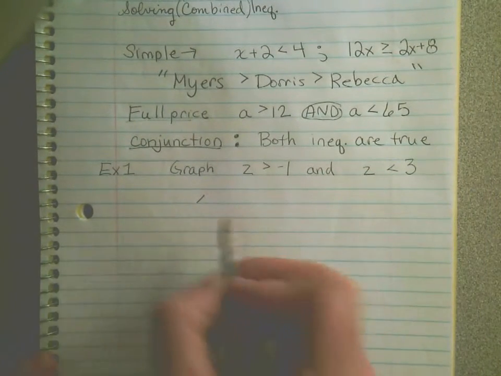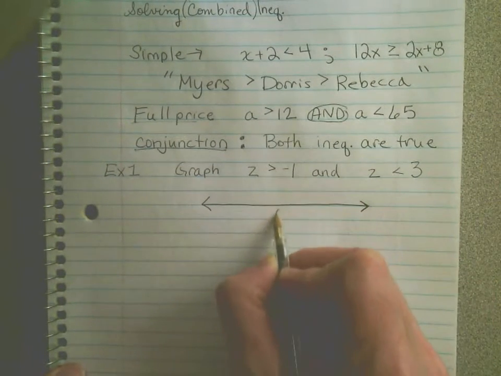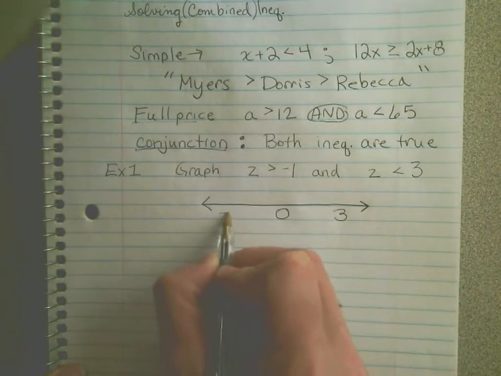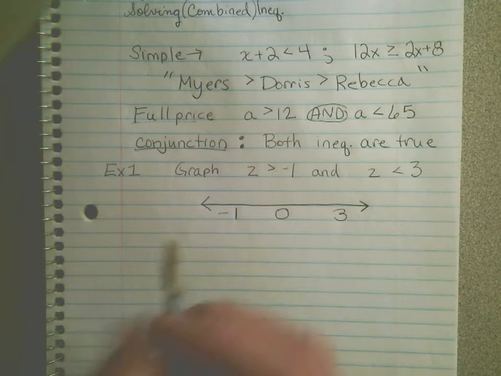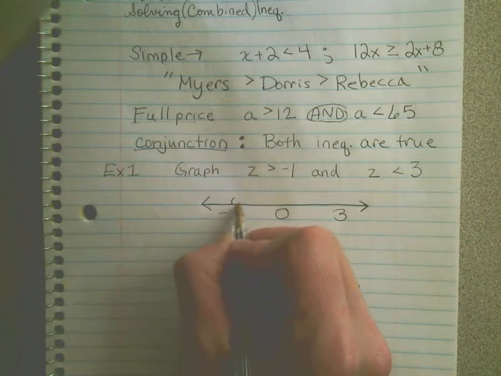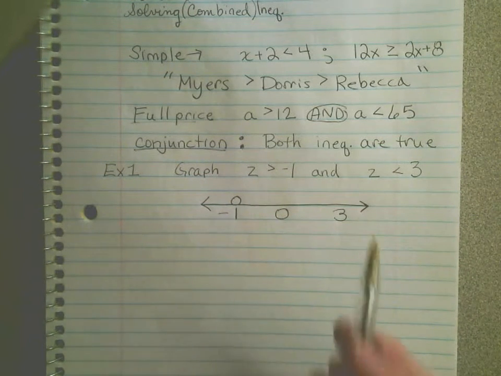Okay, graph these two things. First step is going to be to show a graph with those numbers on it. And I am extremely simple with my graphs. Make sure they're in the right spot. Obviously, the negative is to the left and the positive is to the right. If something is greater than -1, that means it doesn't include -1.